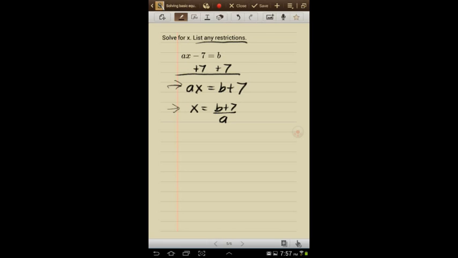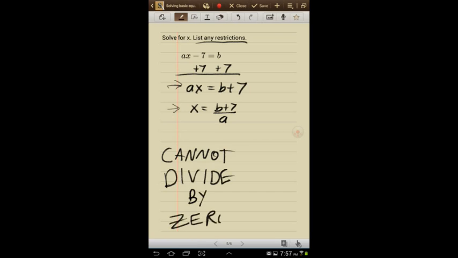You can never divide by 0. And this is something that comes back into play a lot this year. You have to remember you can never divide by 0.